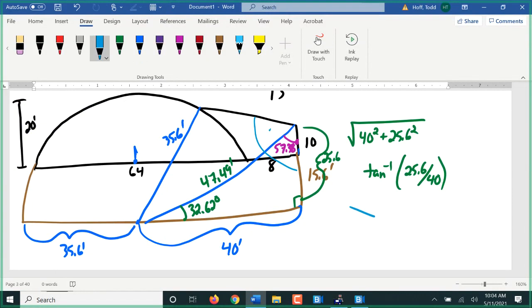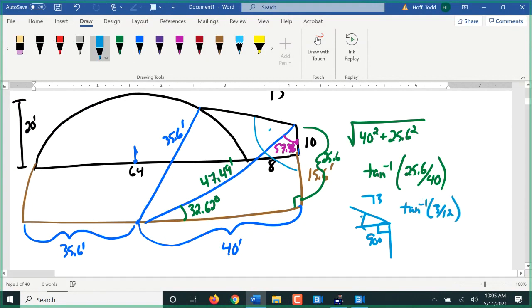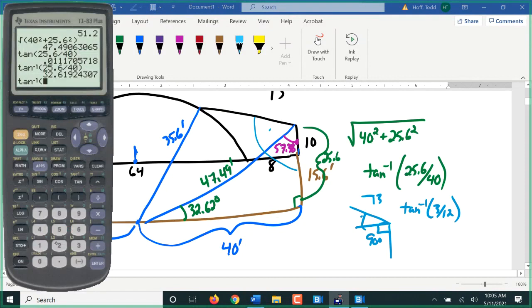That whole angle, remember, is found by dividing it up into a 90 degree, and then this piece here from that 312 slope. That angle will be the inverse tangent of the 312 slope. Should be 14.04, I believe.